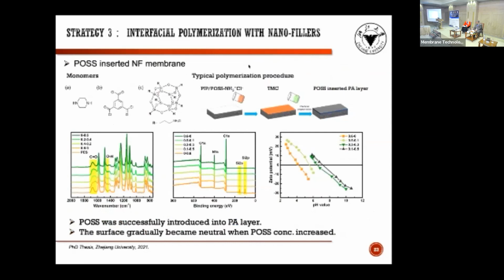Due to the limited time, I will skip my work on the positively charged membrane based on the interfacial polymerization method. Roughly, two types of calcium nanofillers were introduced into the PA layer. If anyone wants to know more about this work, please refer to my recent publications.